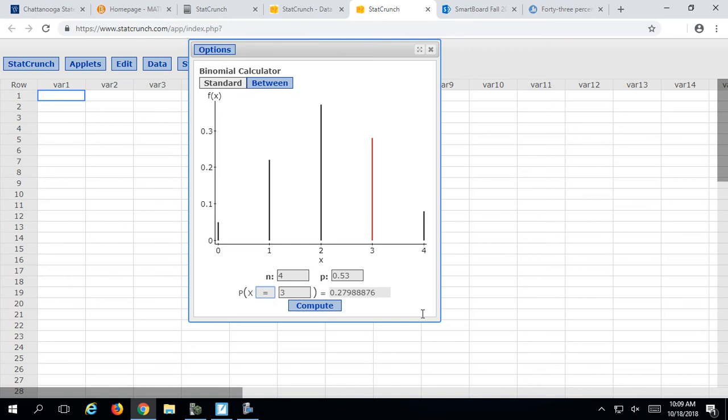That's what we got. So that's StatCrunch's binomial calculator. I have no problem with you using that calculator. But you still got to know that it's a binomial problem, and you got to be able to plug these things in correctly and compute the correct thing.